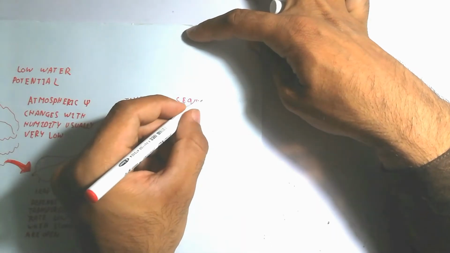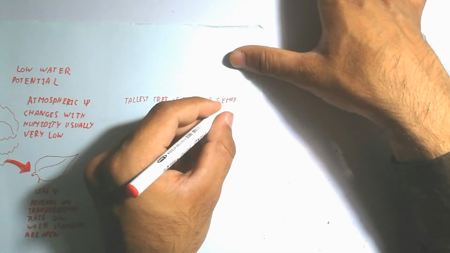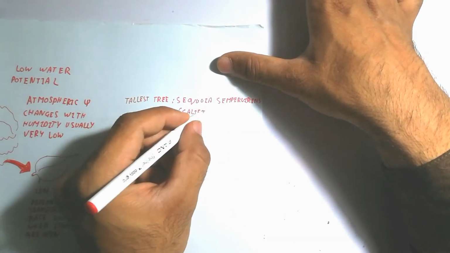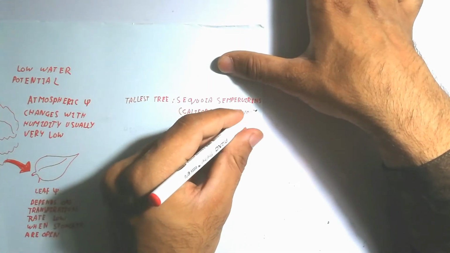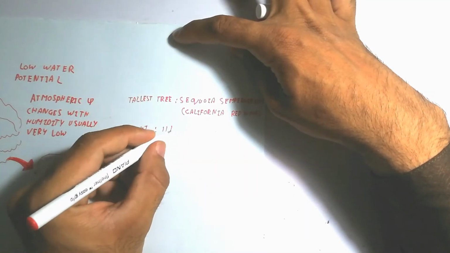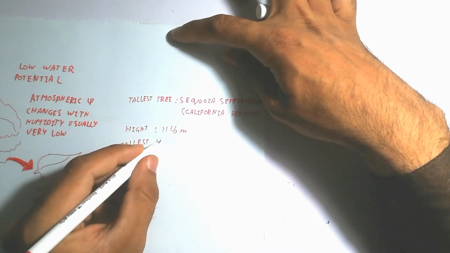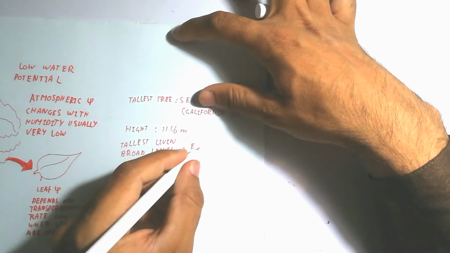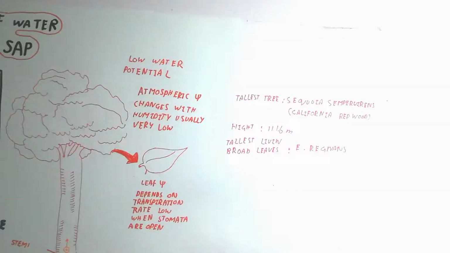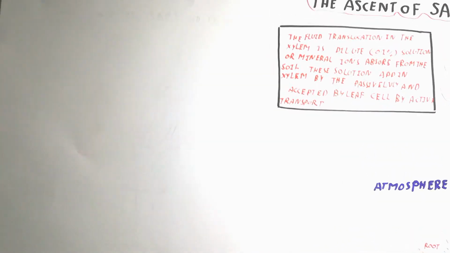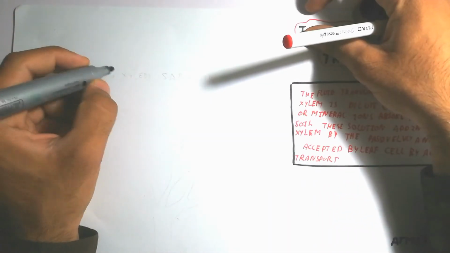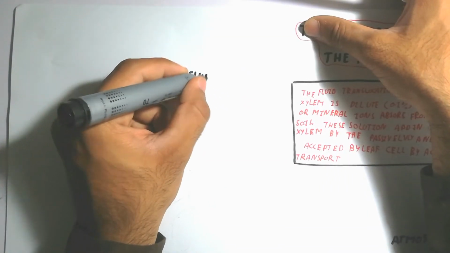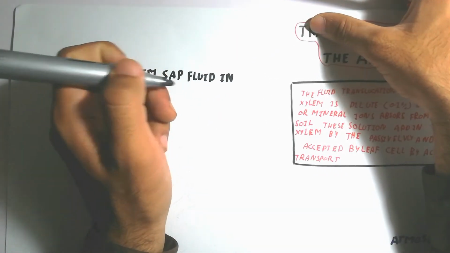Here it is very important: the tallest tree is the California redwood. The tallness of this tree is 111.6 meters. And the tallest living broadleaf tree, Eucalyptus regnans, is measured to be 99.2 meters. With such a height, the tree uses water that moves upward.